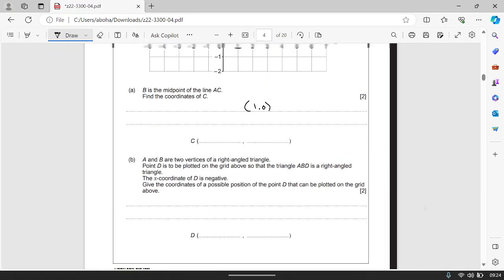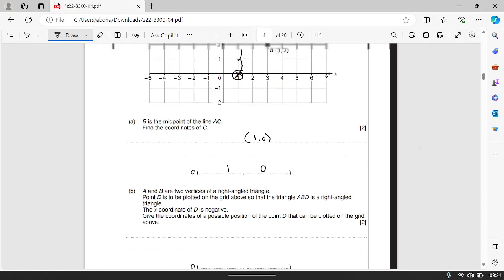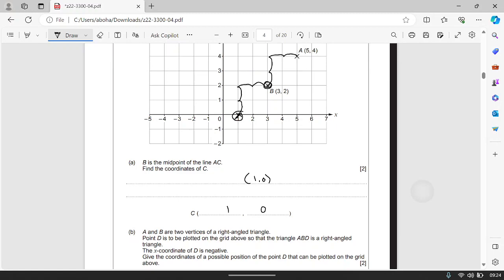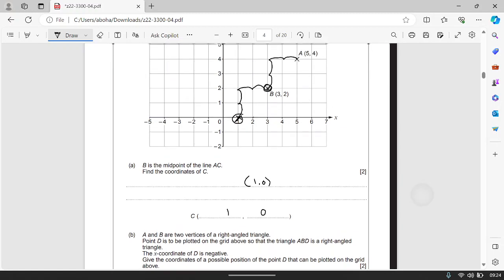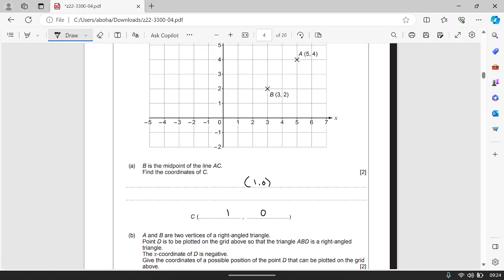Then moving on to part B. So A and B are two vertices of a right angle triangle. So what I'm going to do is if I just get rid of this now. Point D is to be plotted on the grid above so that the triangle ABD is a right angle triangle.